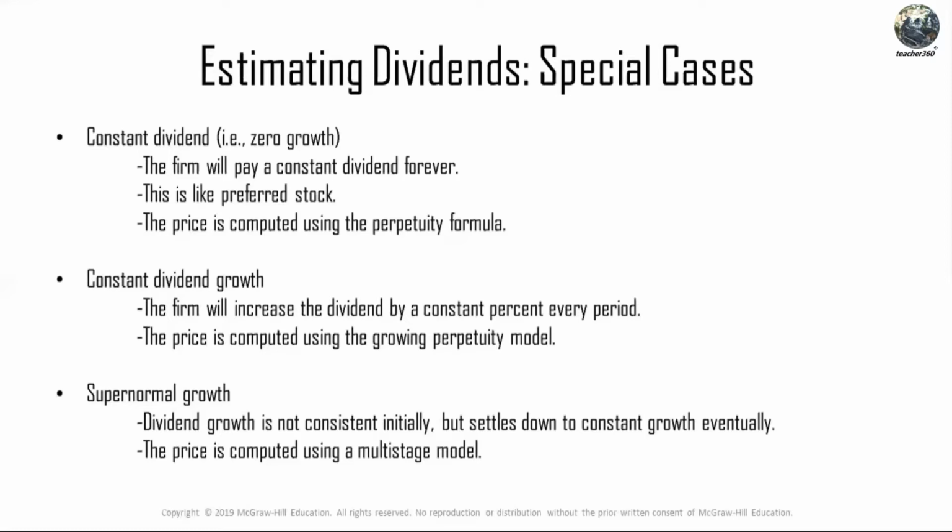In year two, they increase it to 10%. At year three, they decrease it to 8%. So the percentage of growth is not the same for supernormal growth. It can be decreased, it can be increased. The growth percentage is not even here.